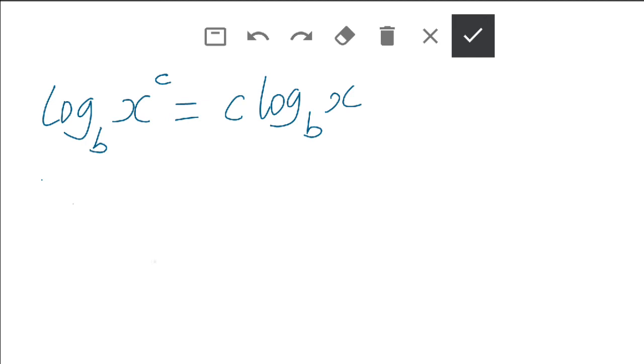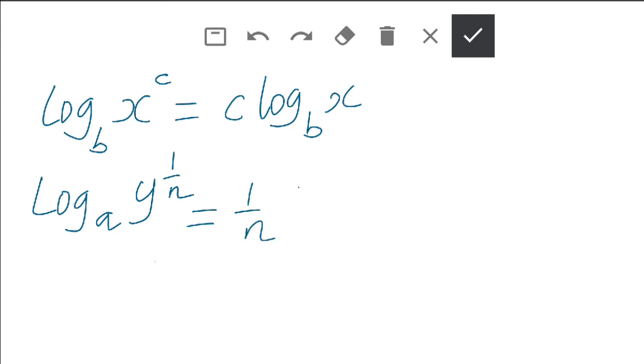If I give another example, log to base a of y to power 1 over n, this is the same as 1 over n log to base a of y.